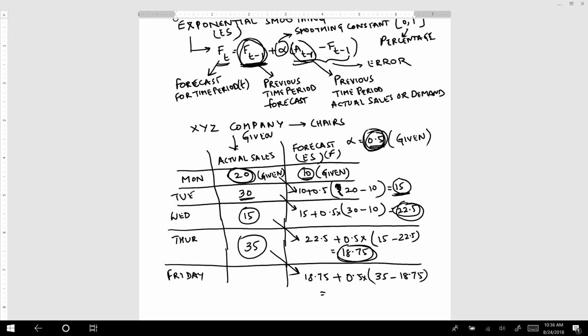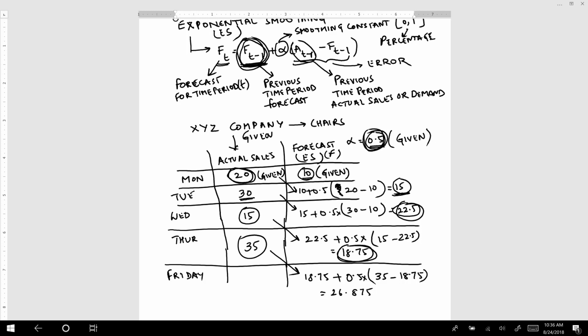That is going to give me 26.875. The most important concept in this is we need the previous time period's forecast to predict the next time period.